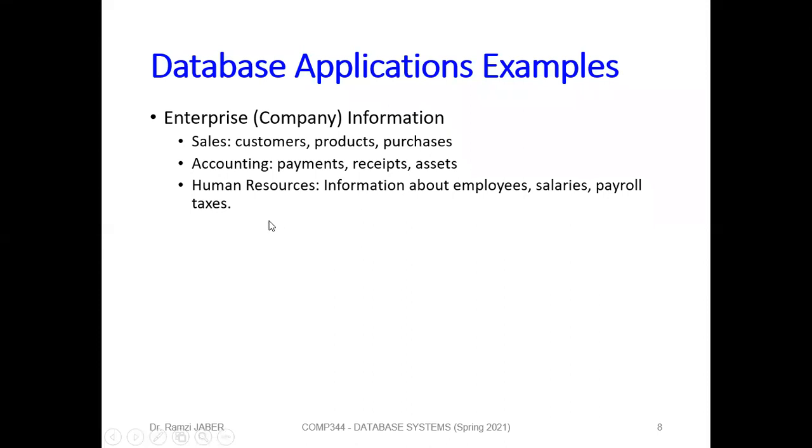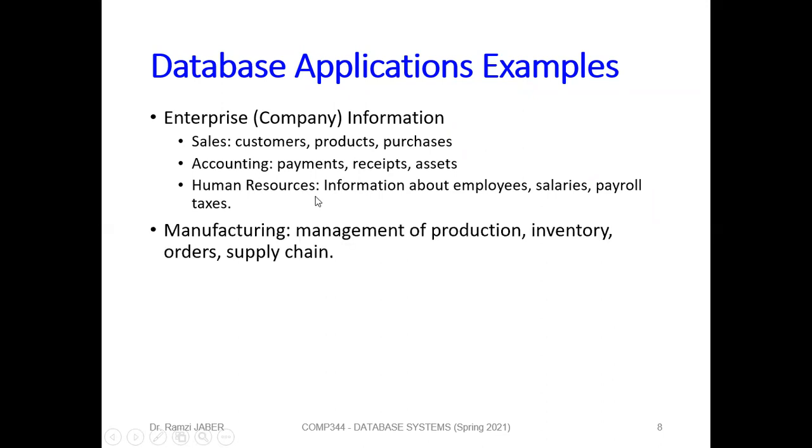So the big example for our database application is a big enterprise or company. Also for manufacturing, they want to manage their production, their inventory or stocks, their orders to suppliers and to their customers. Also supply chain, how goods travel from country to country, and so on.